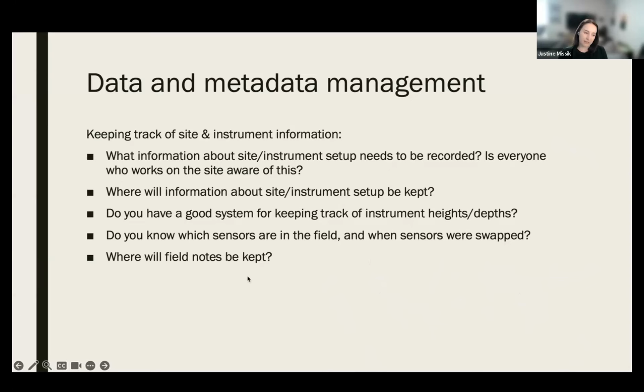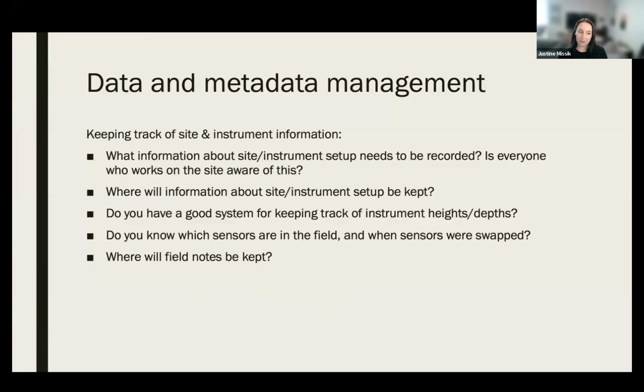Also, it's important to know various things that happened at your site. Because sometimes maybe 6 months later, you're looking at the data that came from the site and something is weird in the data and you don't know what happened.